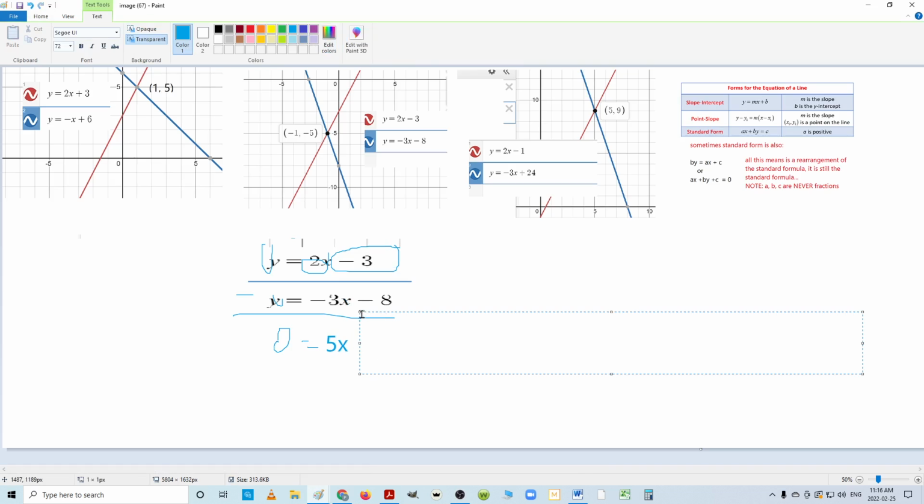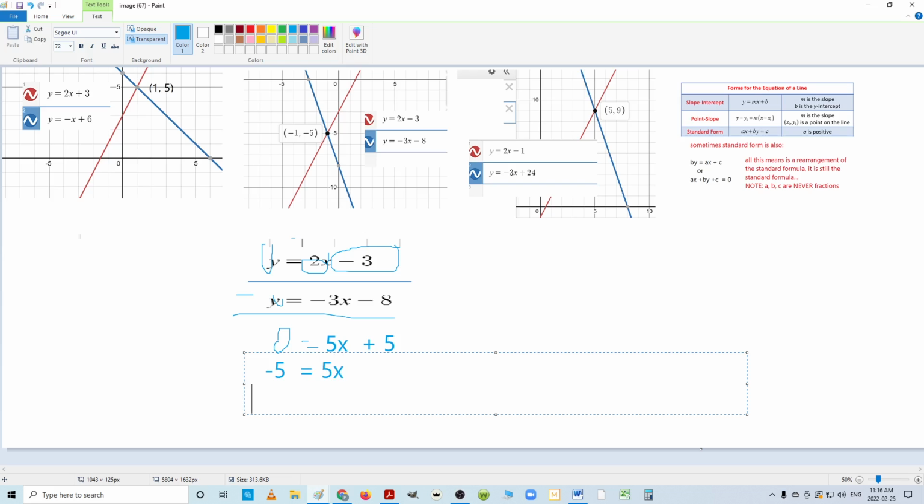And then if I use my algebra skills here, I can say, what's the story of x? It's being multiplied by 5, and then 5 is being added to it. So I'm going to have to reverse that story. I'm going to subtract 5 from both sides, and then divide both sides by 5. And I get that. Once again, how do I find my y value?